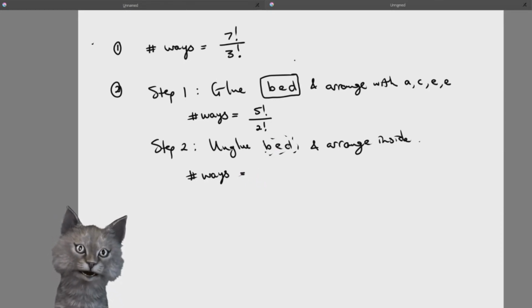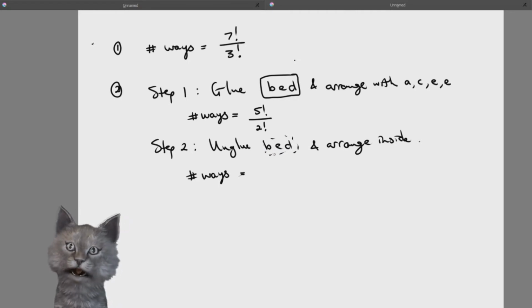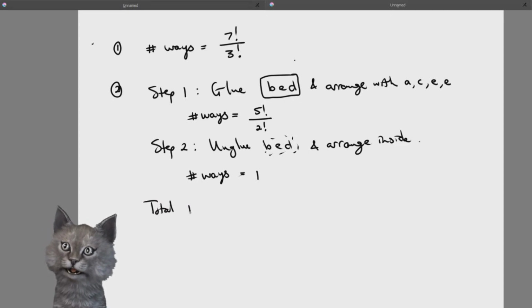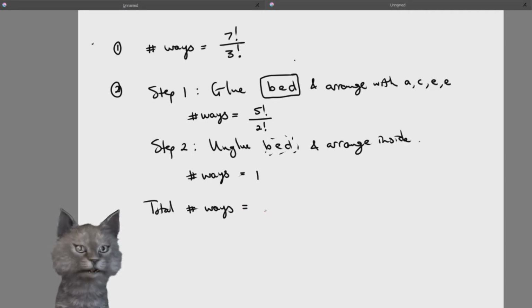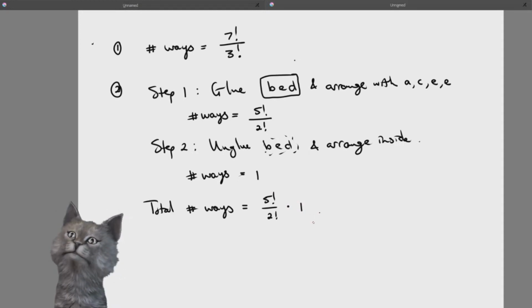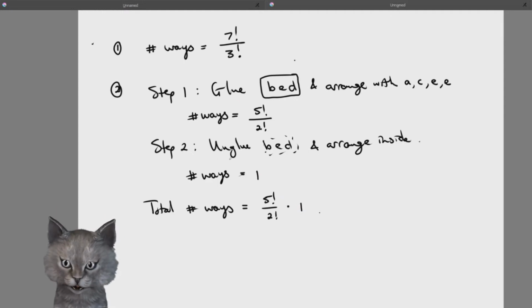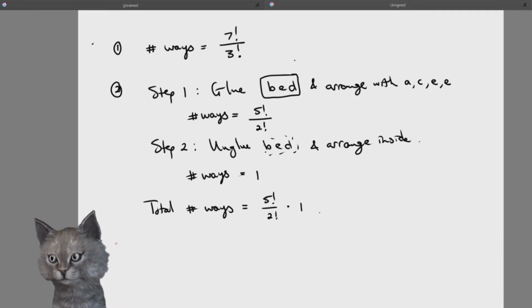But when I unglue, what options do I have to arrange the letters inside? 1. Because it has to be the word bed. So then the total number of ways to complete this experiment to end up with a valid arrangement is whatever came from step 1 times whatever came from step 2. And I write the 1 to emphasize that I've done both steps, to remind myself there is always a step 2.